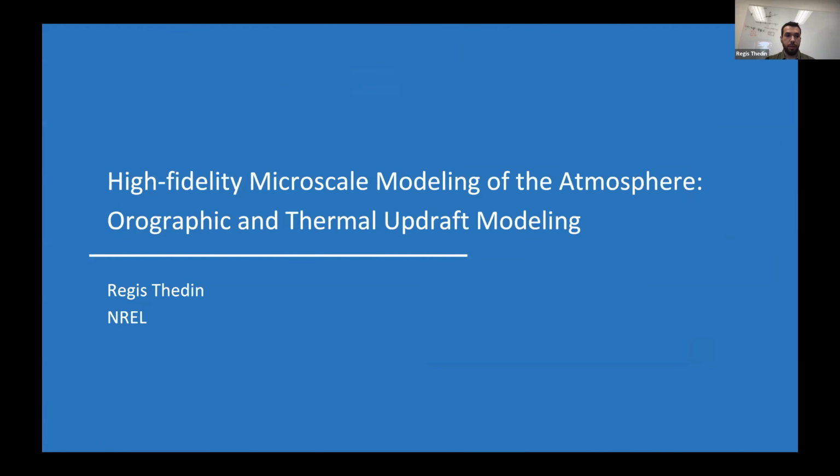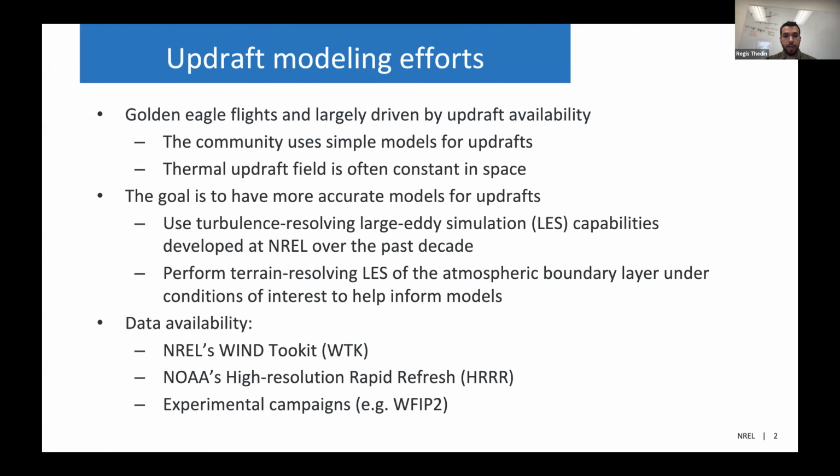I'll talk a little bit today about bridging this mesoscale to the microscale and using that microscale data to inform SSRS using simplified engineering models to account for thermal and orographic updrafts. Our updraft modeling efforts here at NREL have been divided into the orographic and thermal.